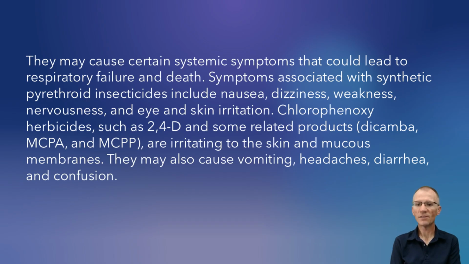Chlorophenoxy herbicides such as 2,4-D and some related products, dicamba, MCPA, and MCPP, are irritating to the skin and mucous membranes. They may also cause vomiting, headaches, diarrhea, and confusion.